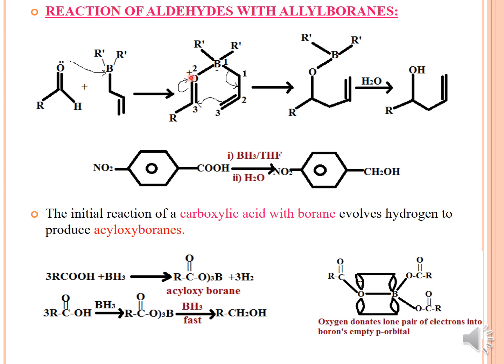Don't get confused, it is not a plus 2 state. This oxygen is gaining a plus charge because it has 3 bonds. In the 3+3 cycloaddition, this bond will attack the third position of the terminal alkene. Meanwhile, the bond of the carbon-oxygen double bond will neutralize the positive charge of the oxygen atom.